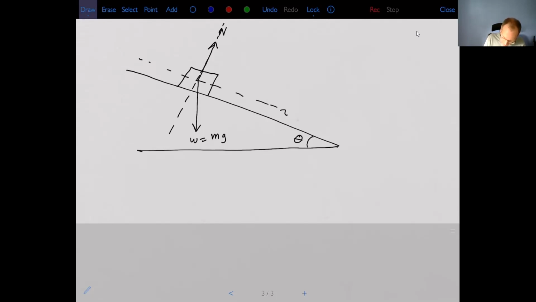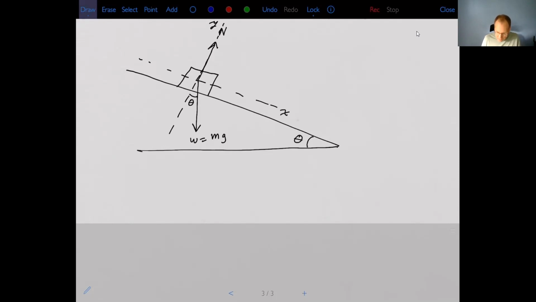So I have x, y, because I know that the cart is accelerating down in the x direction. It's just easier to use that coordinate system. And it turns out that this angle right here is the same as theta, the same as the angle that the air track makes with the bench, with the horizontal. Okay, so I want to find the x components of my two forces.